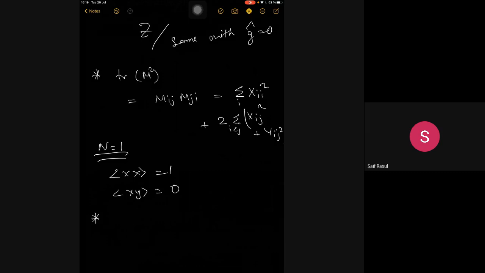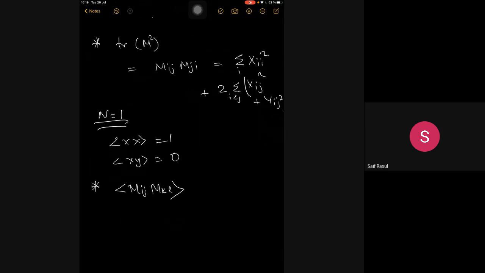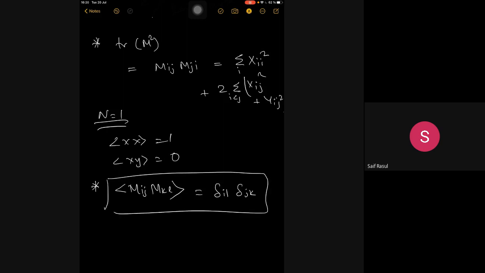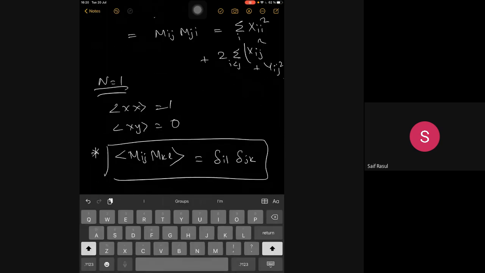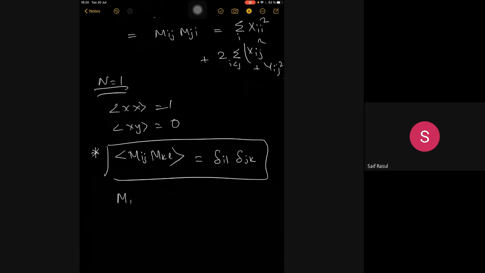What will be the matrix scenario? Let me write out the answer first and then I'll try explaining a bit. The explicit calculation I'll give you as homework, but let me explain a bit. First, one way to look at this is you break the matrices Mij into, say, Xij plus.